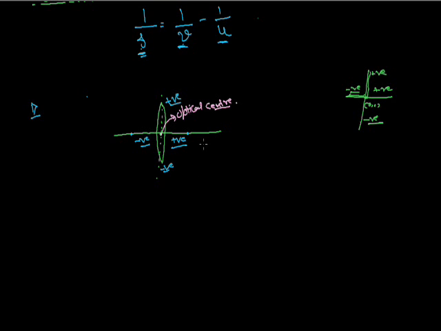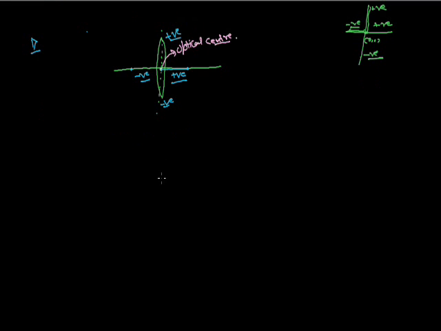Now let us suppose the focal length, the radius, the center of curvature, the distance from the optical center. This is the principal axis and this is the focus. Let us suppose this distance from here to here is 10 centimeter.